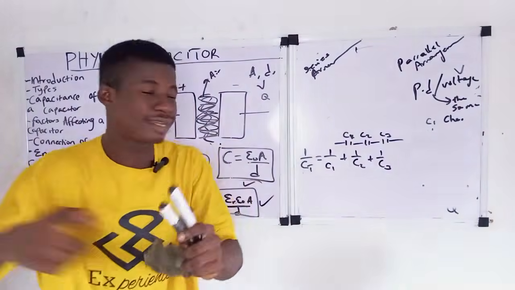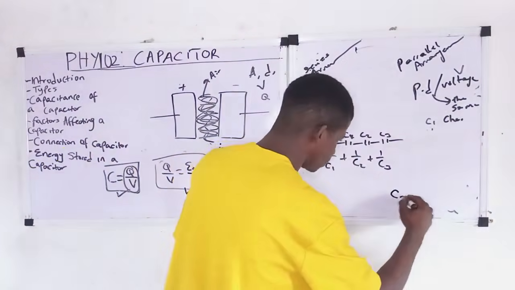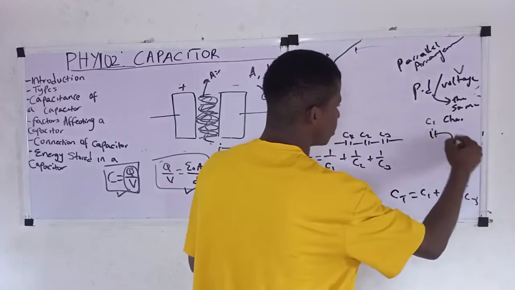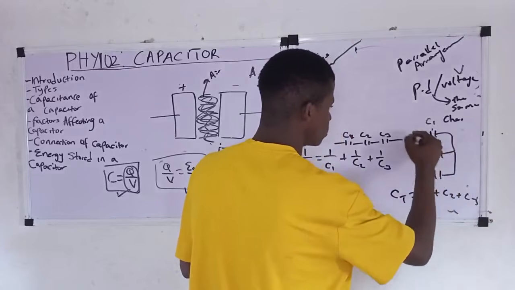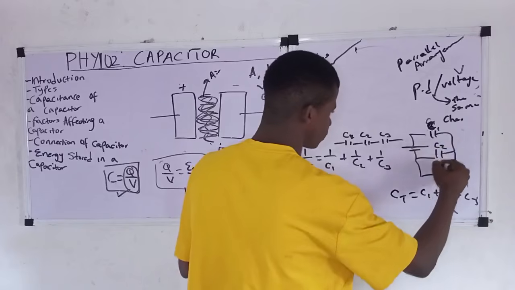Then in parallel arrangement, to calculate the total capacitance, it's just straightforward: C1 plus C2 plus C3. This is series arrangement, and this is parallel arrangement, right?